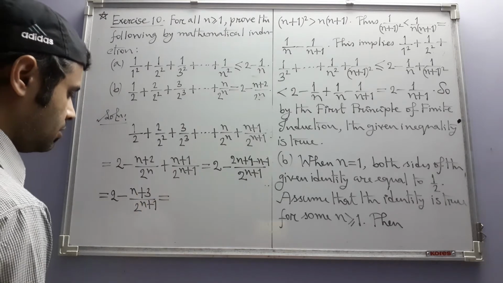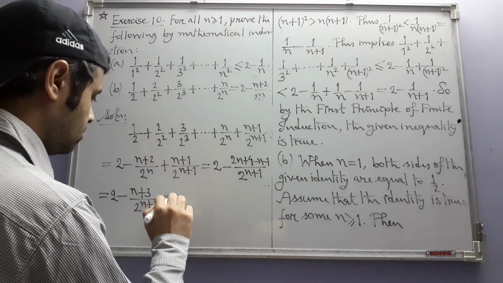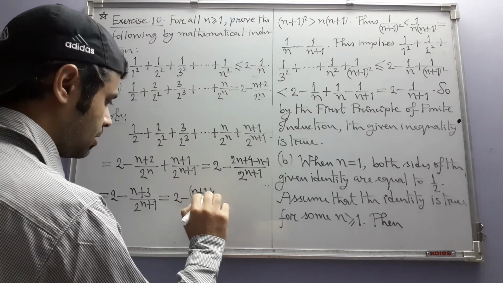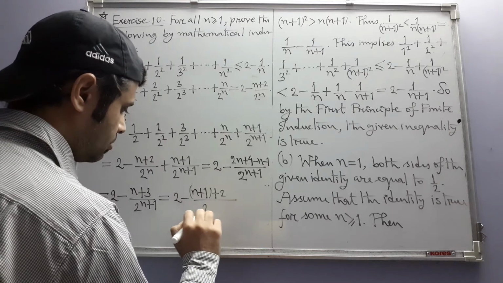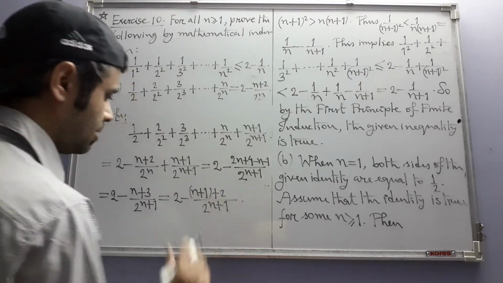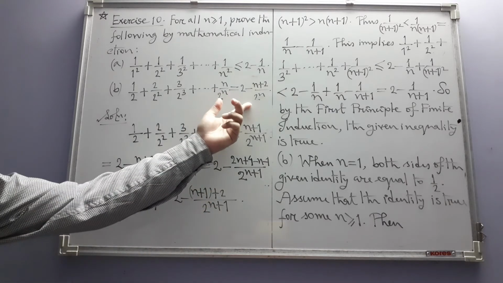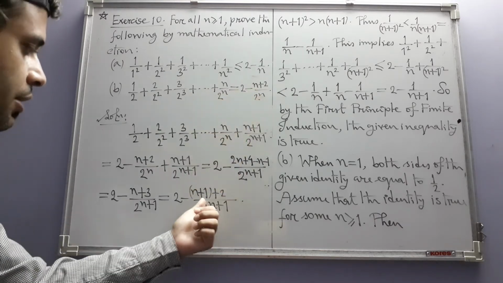So this can be written as 2 minus n plus 1 plus 2 divided by 2 to the power n plus 1. So you can now see that this is in this form, where in place of n we have n plus 1.